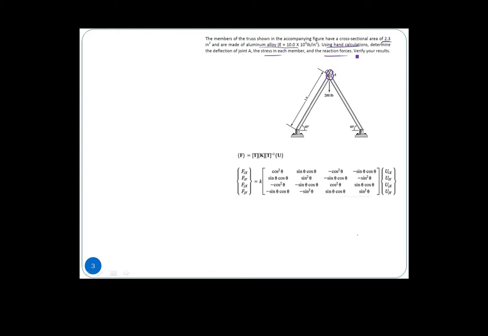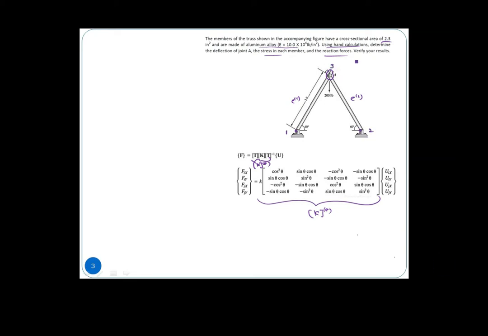If you still remember, for a truss system we need to transform, because we have the orientation. So this thing is our K elements. If we assume this is our element 1, element number 1, element number 2, then this is my node 1, this is my node 3, and this is my node 2.